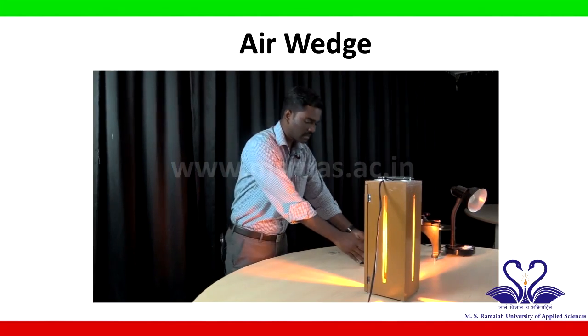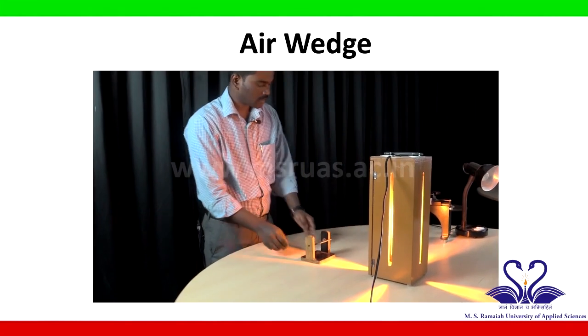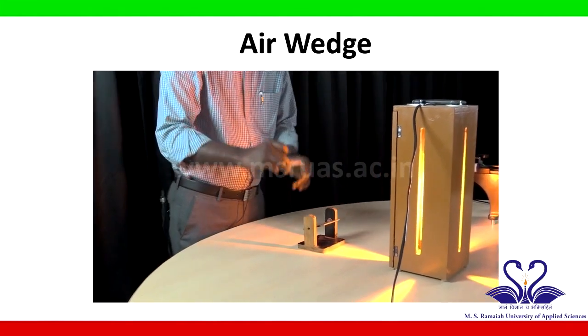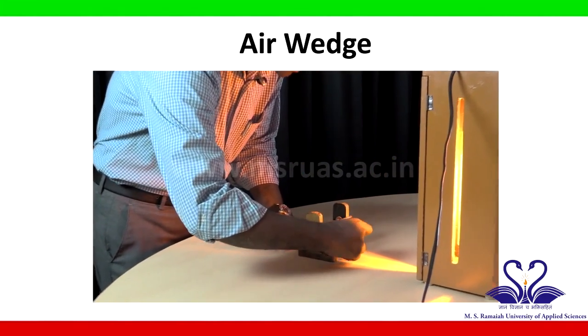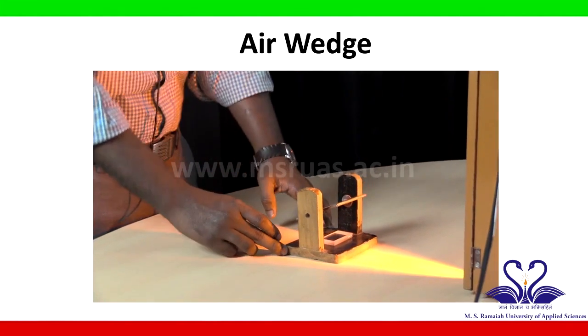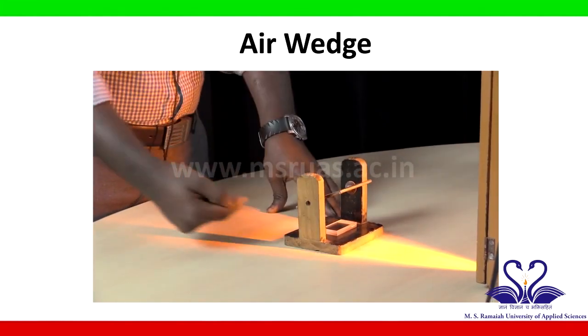First take the reflector and keep the reflector parallel to the light source. Next take your air wedge setup and keep it below the reflector. This reflector is used so that the light falls normally on the air wedge setup.